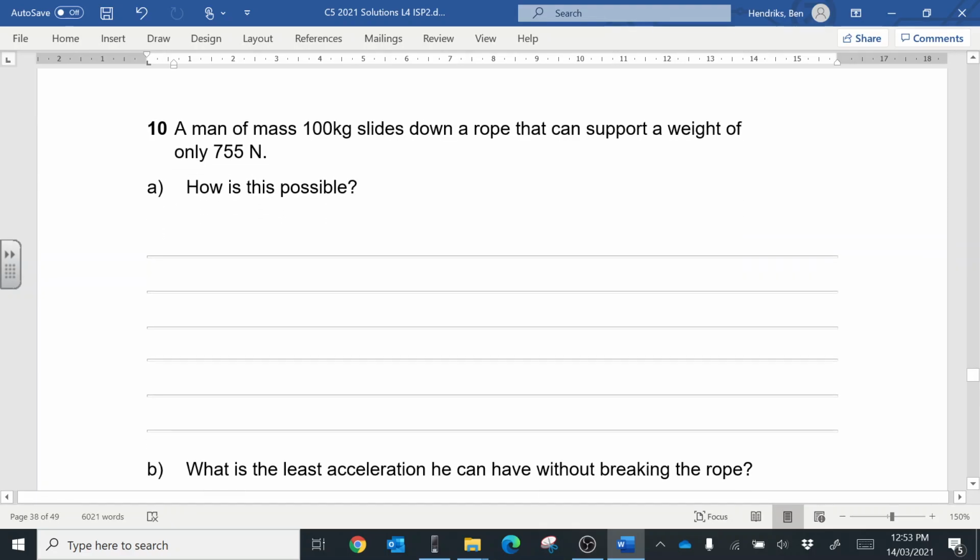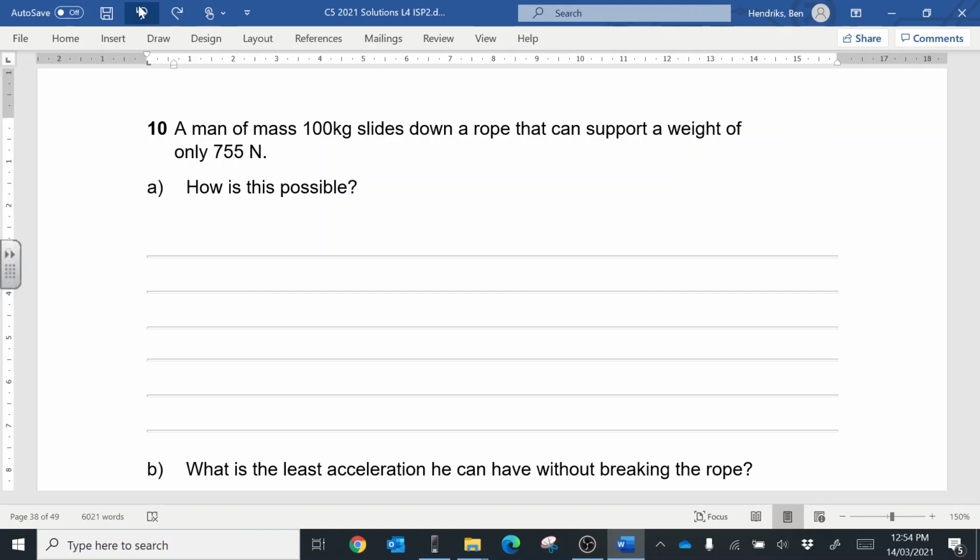In this example we have a man of mass 100 kilograms who slides down a rope that can support a weight of only 750 newtons. So he slides down it, and how is this possible?